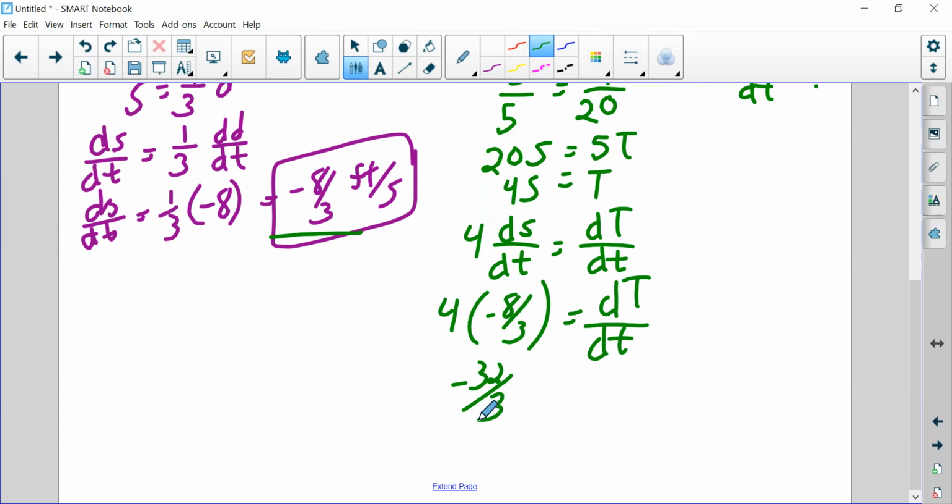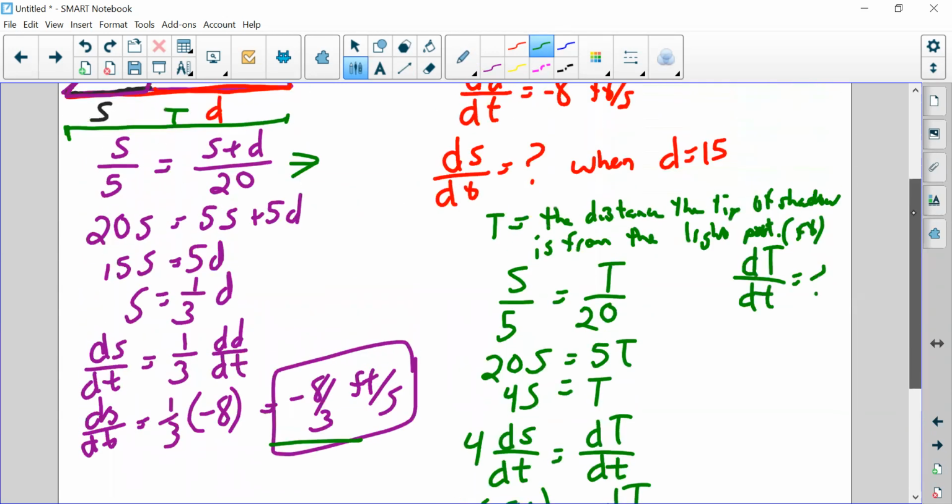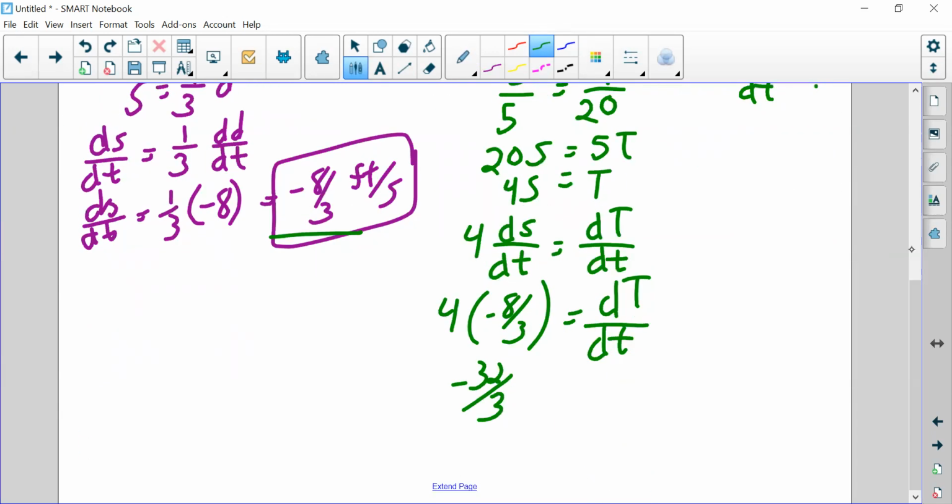And so T, big T, what's our unit of measurement for it? Feet. And what's our unit of measurement for little t? Seconds. So my sentence: The tip of her shadow is decreasing at a rate of 32 1/3 feet per second.